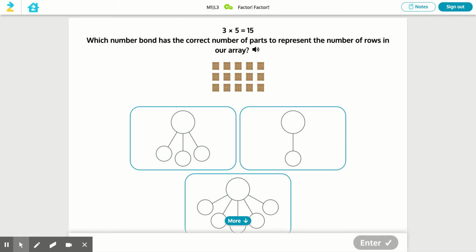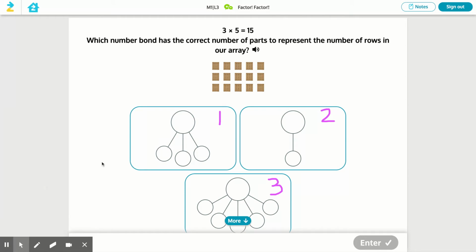Tell me in the Nearpod which of these number bonds we would use. Is it number bond number 1, number bond number 2, or number bond number 3? Make sure you take a long look at it because the pictures will be covered when the question comes up. Which is the correct number bond? Is it 1, 2, or 3? Provide your answer now.